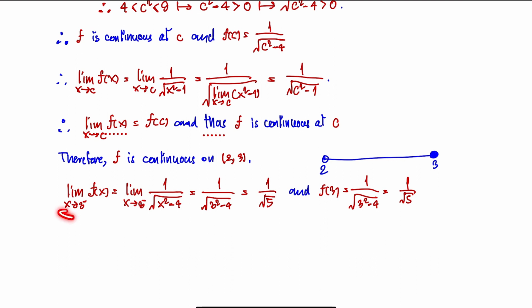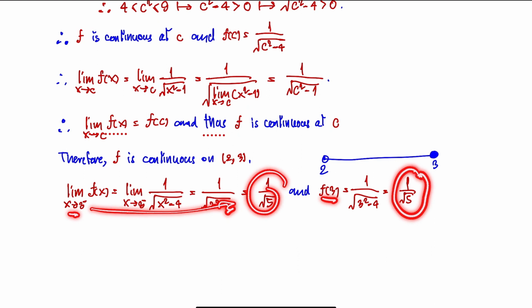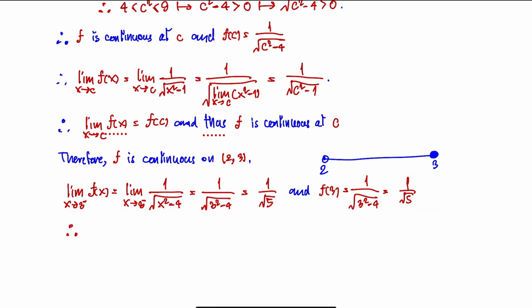So the limit of f of x as x approaches 3 from the left side is 1 over square root of 5, and f of 3 is also 1 over square root of 5. That means the limit of f of x as x approaches 3 minus equals f of 3.